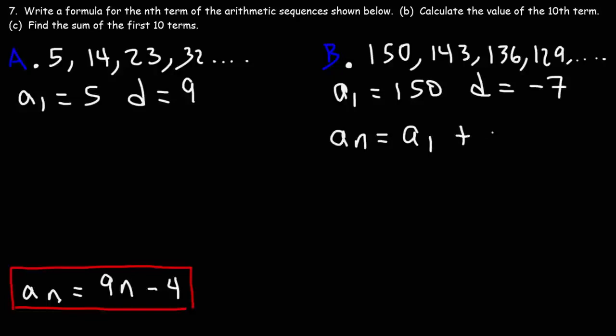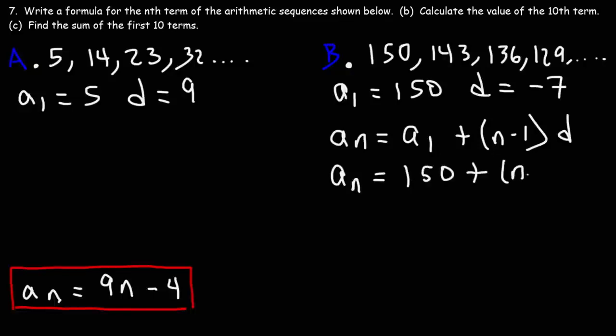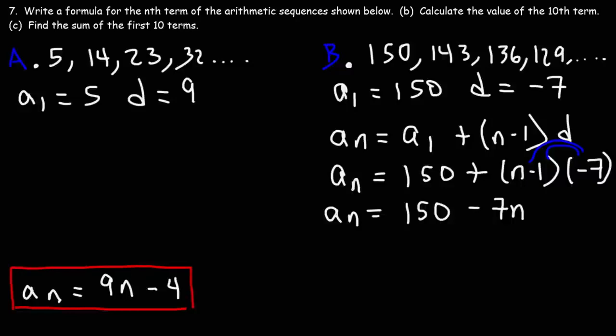Now, let's plug it into this formula to write the general equation. So a sub n is going to be 150 plus n minus 1 times d, which is negative 7. So let's distribute negative 7 to n minus 1. So it's going to be 150 minus 7n, and then negative 7 times negative 1, that's going to be positive 7.